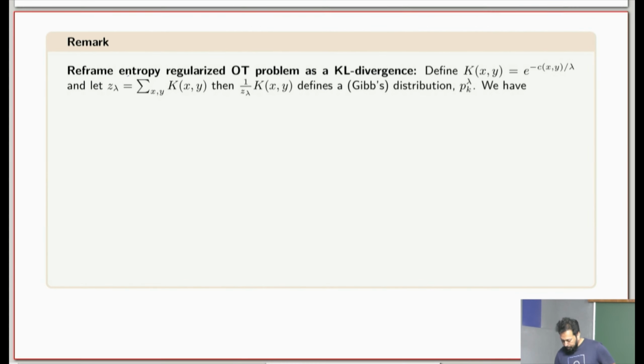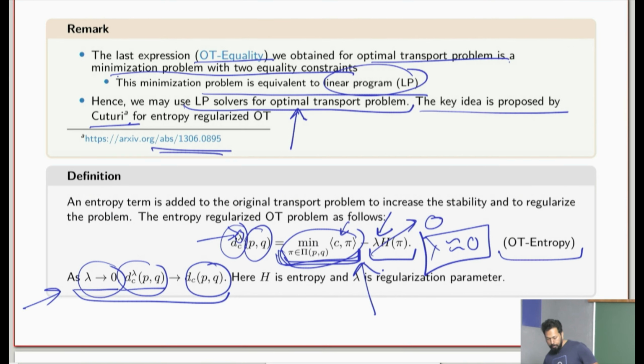So, reframe the entropy regularized OT problem as a KL divergence, and this is the other point. The first thing was regularization. Regularization itself is a good thing, because with lambda H, my negative of the entropy is strongly convex.